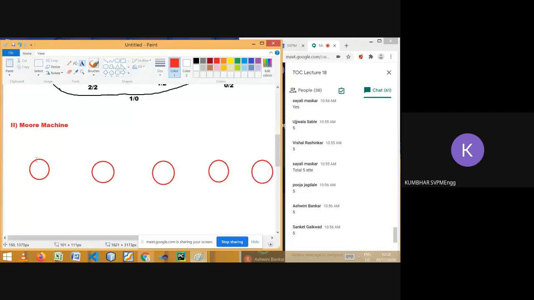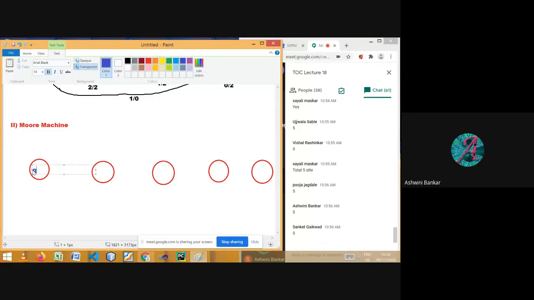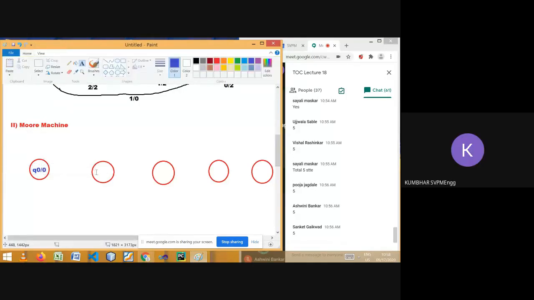So when I say this is the state Q0, Q0 means what? Remainder state, so I have to show the output here itself. So state slash 0: Q0 state which gives the output 0. Q1 gives the output 1.